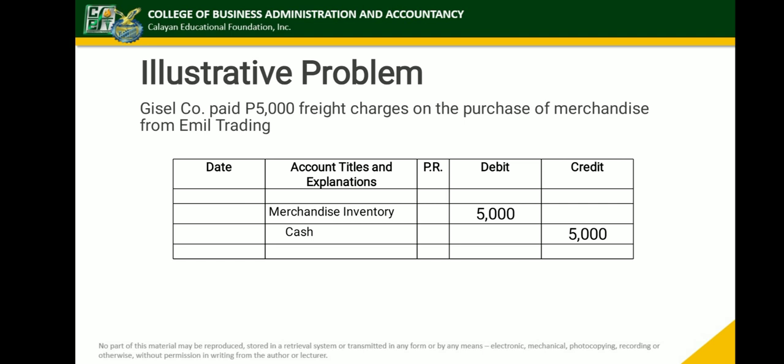So, any shipping fee borne by the buyer or paid by the buyer will be debited to merchandise inventory account. Pero si freight out, ma'am, si freight out, pwede gamitin pa din. Pwede siya gamitin kay, mapa kay periodic and kay perpetual. Tingnan natin mamaya, baka may example dito.